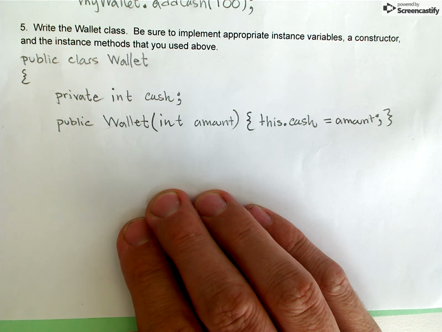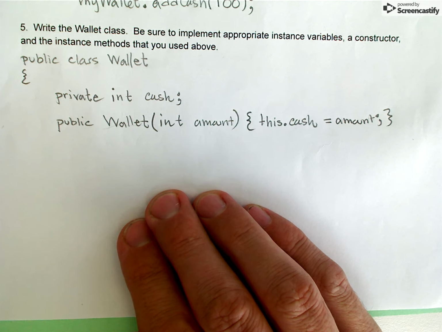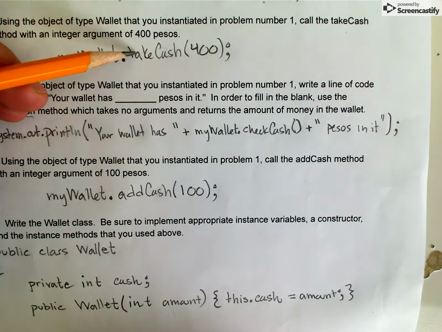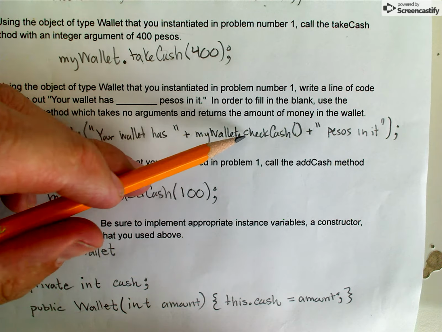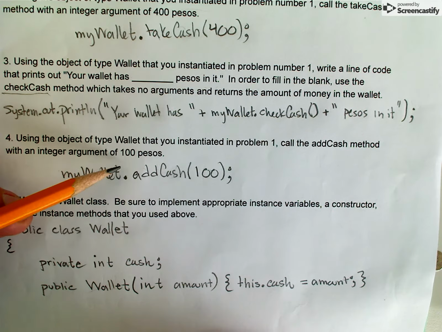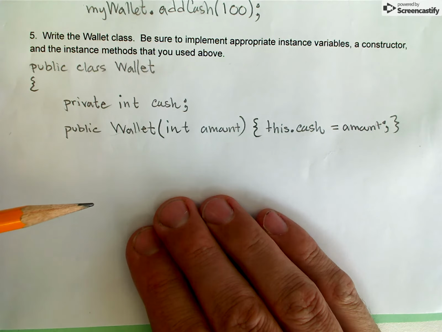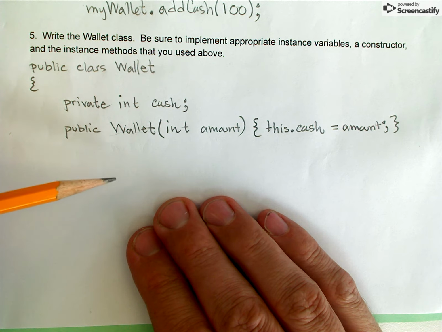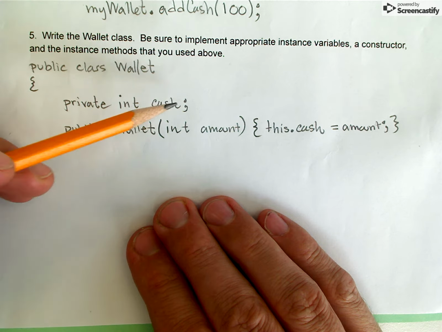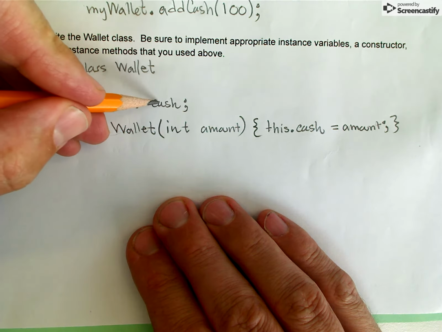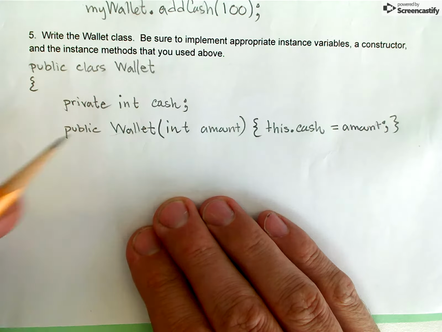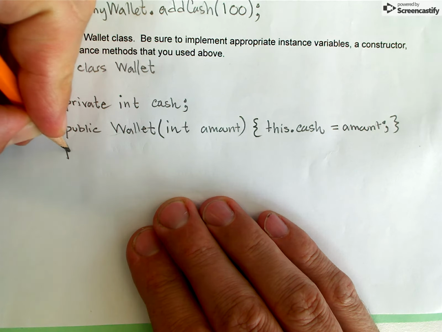Now I have three methods that I need to implement. It says in the instructions to implement the instance methods that we used above. So we have a take cash, and we have a check cash, and we have an add cash method. So let's do those one at a time. And notice all of these three instance methods are going to update or report, do something with this instance variable.